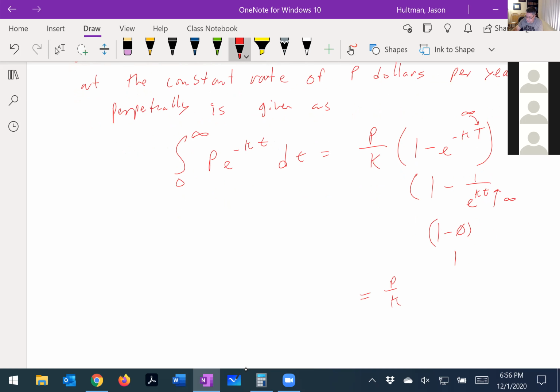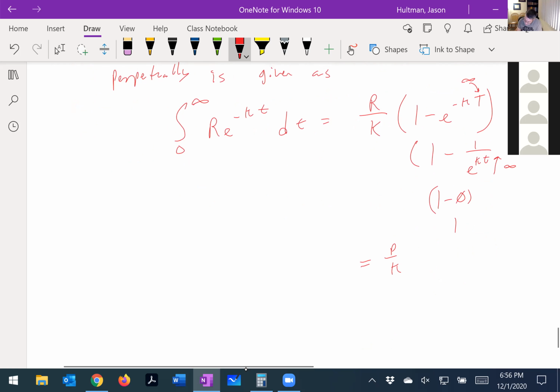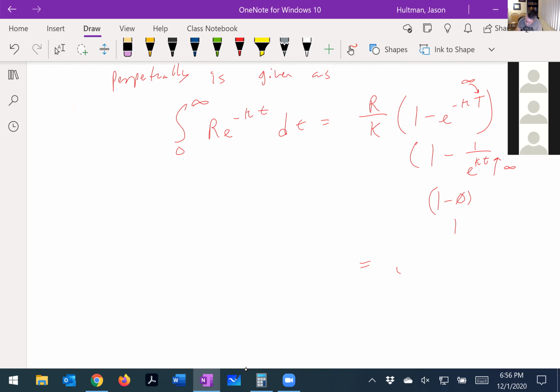It's just the first value. You could call it r over k if you really wanted to. If you want to call it r, maybe we'll do r just to be consistent. We could do r over k, and then this thing just becomes r over k. That's the amount that's continuously being put in, and that's the interest rate.